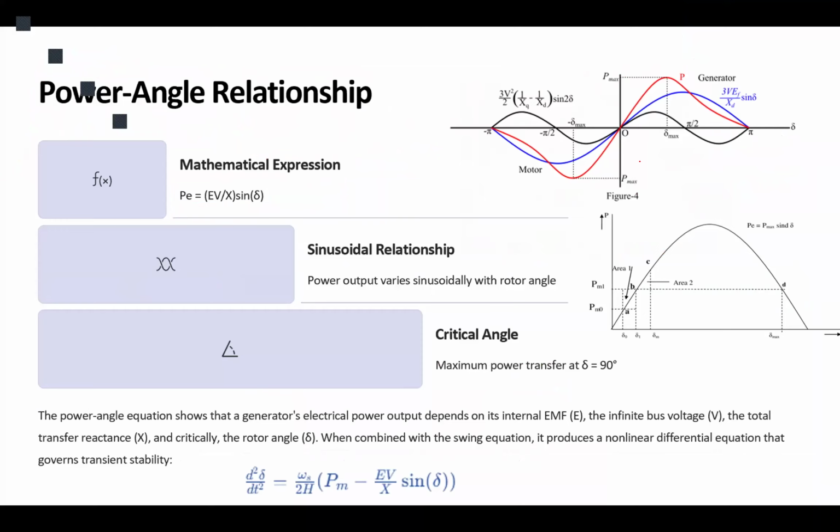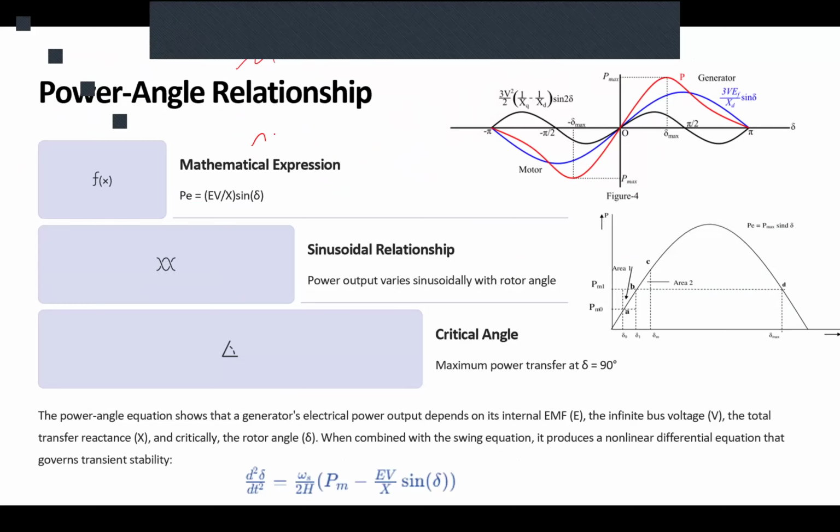Now, in a power system, in order to incorporate that model, we have to inject our values into that model. Originally, our model was M d2 delta dt squared equal to Pm minus Pe.